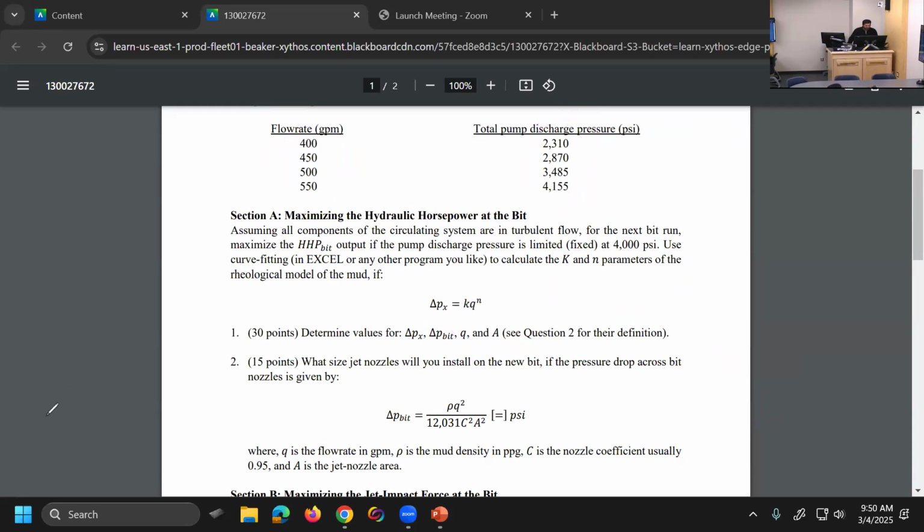Oh yeah, sorry, there is another question. That's question number 2, the size of jet nozzles. You have A from here, and you include it here.